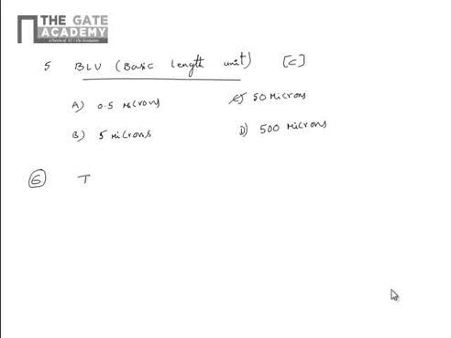So to change the BLU from 5 microns to 10 microns, without changing the table speed, the modification can be accomplished by which of the following?